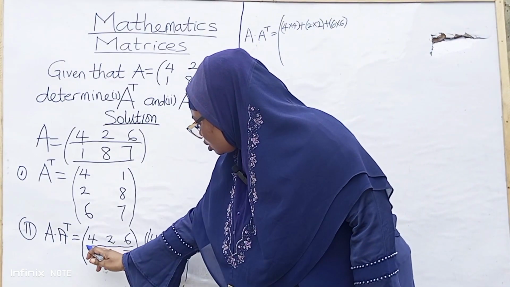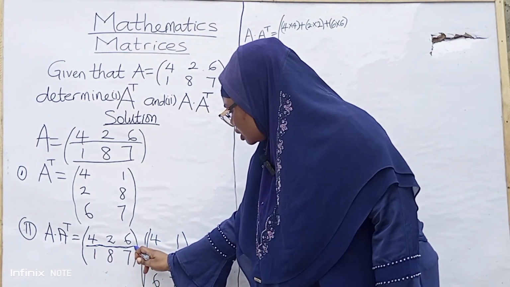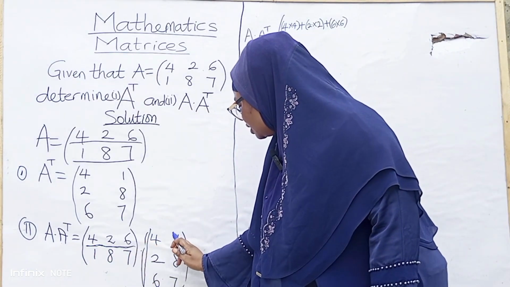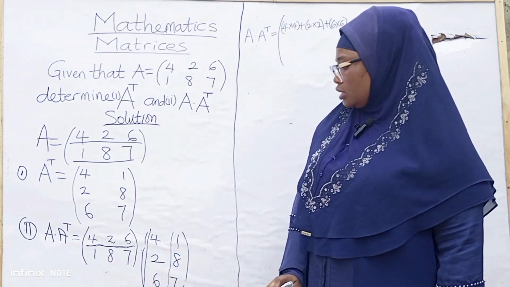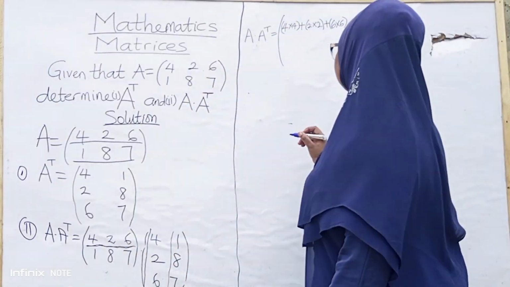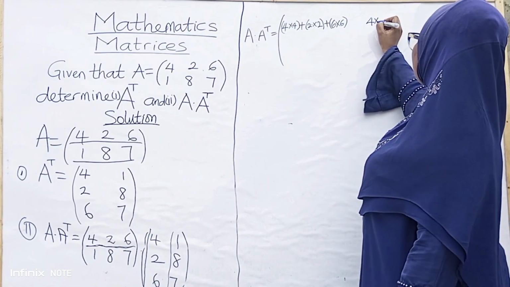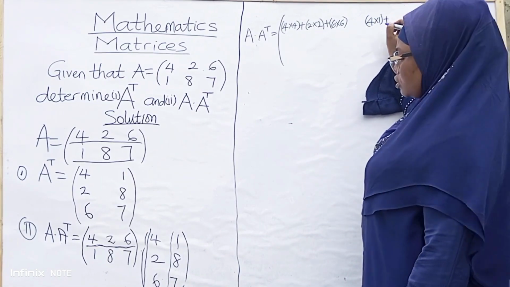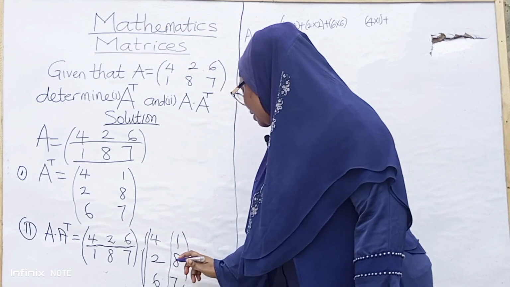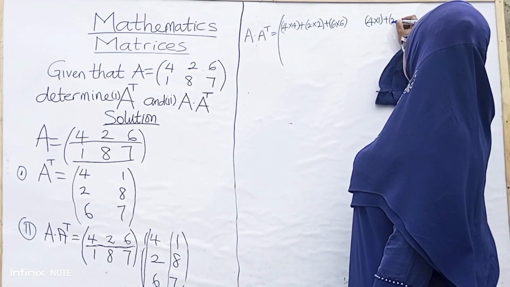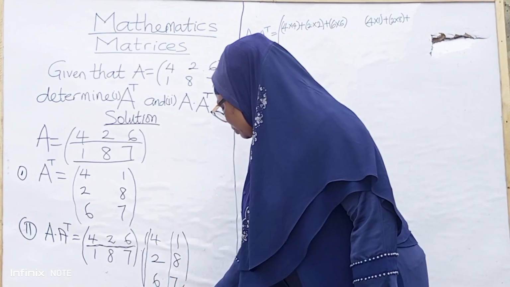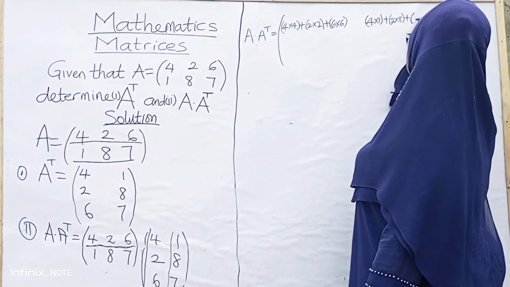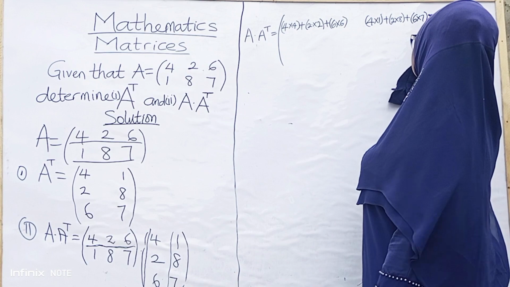We are still on the first row of the first matrix, and we are multiplying it by the second column of the second matrix now. So 4 multiplied by 1, plus 2 multiplied by 8, plus 6 multiplied by 7.